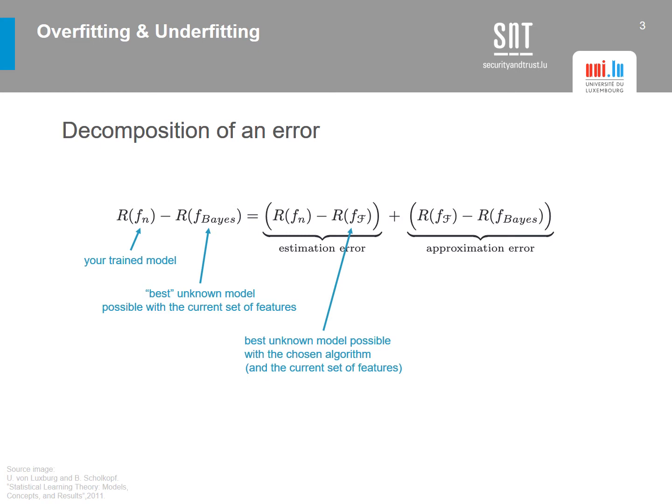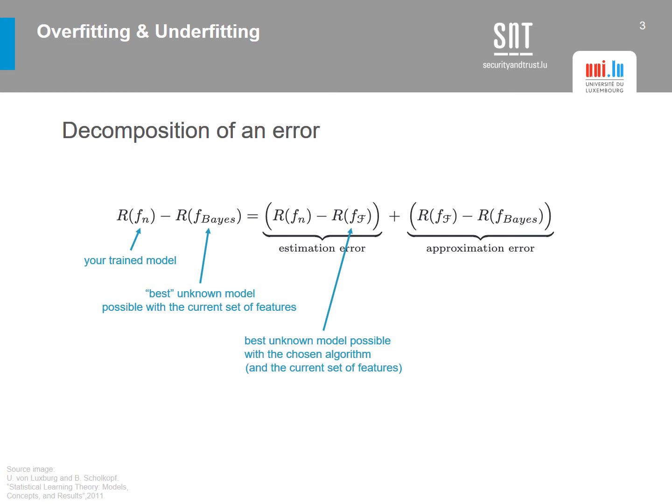Now, the difference between f base and f of capital F is that f base is the best possible model provided the chosen set of features, regardless of the algorithm chosen, whereas f of capital F is the best possible decision tree that we can train with the current set of features.